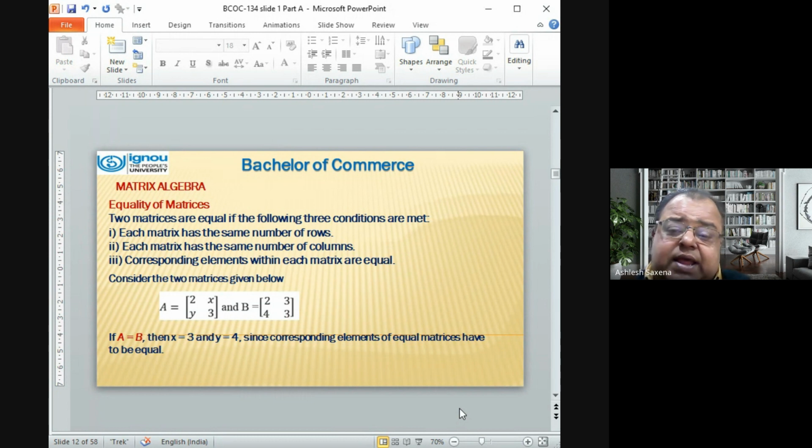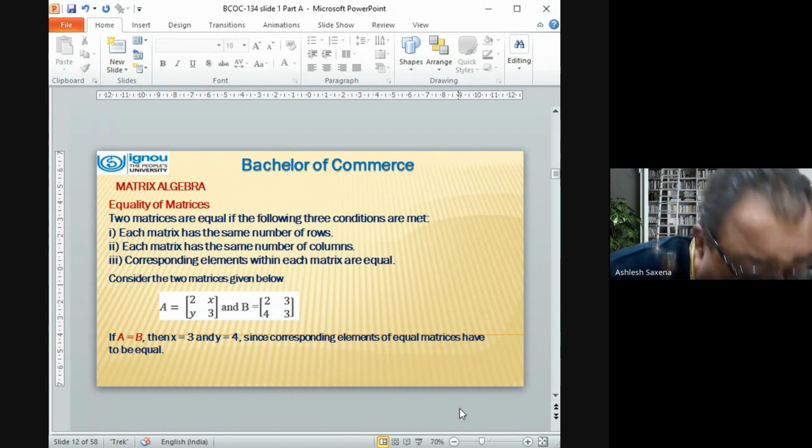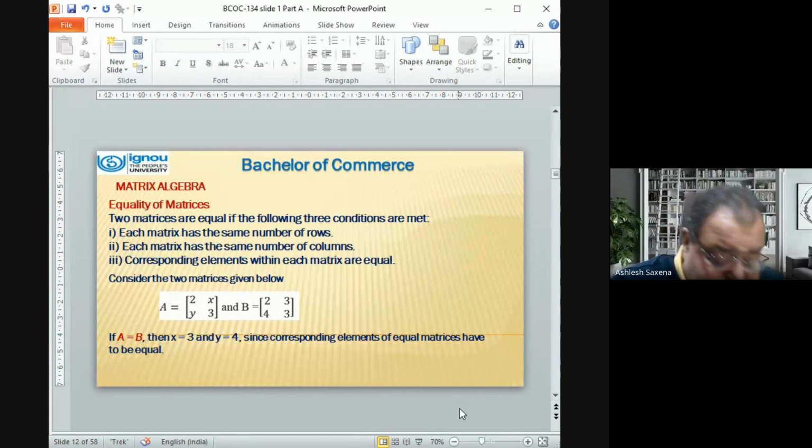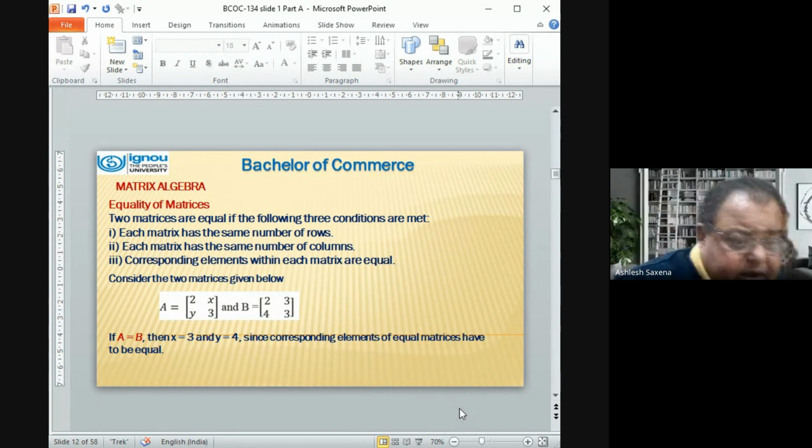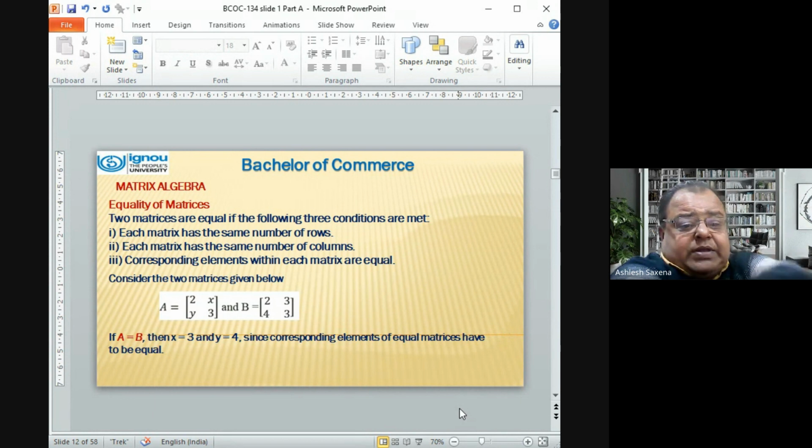Now the question arises, what is actually meant by this? So you can see there are two matrices A and B. A is a 2 by 2 matrix because it has two rows and two columns. Similarly, we have B, which has two rows and two columns.